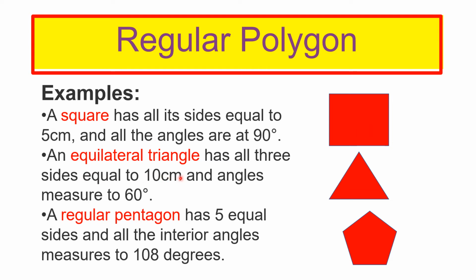An equilateral triangle is also a regular polygon. All the sides are the same, all the angles are the same, which is equal to 60 degrees. In a regular pentagon, all the sides are the same, and the measure of an interior angle is 108 degrees.